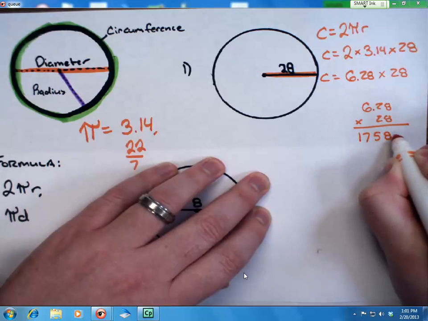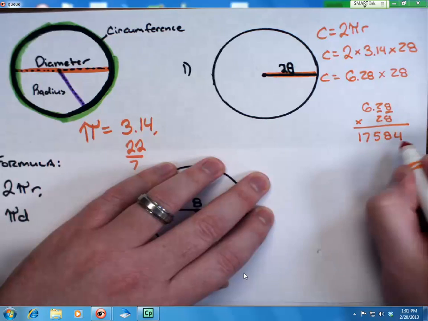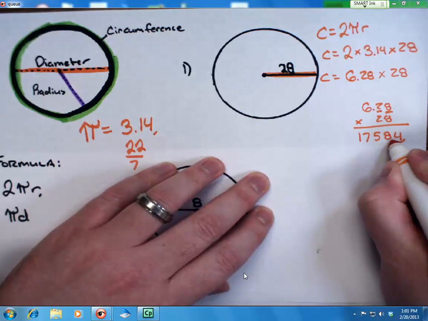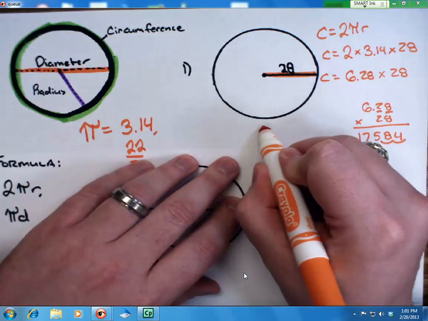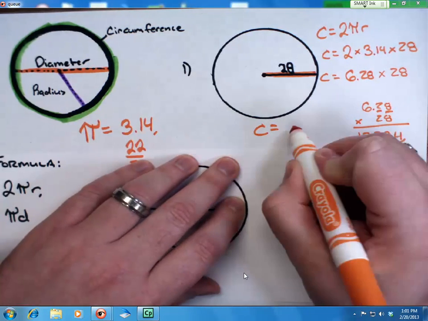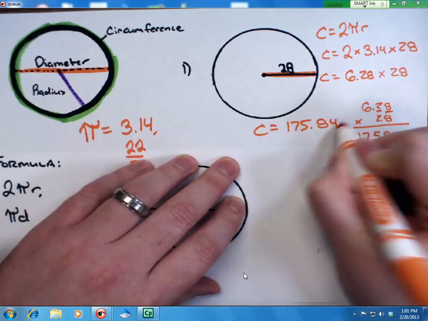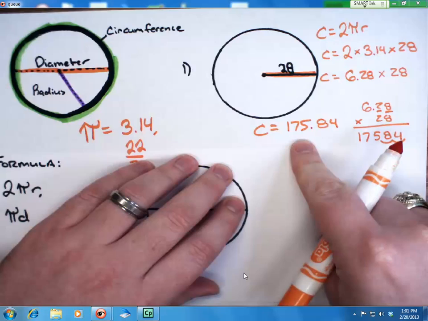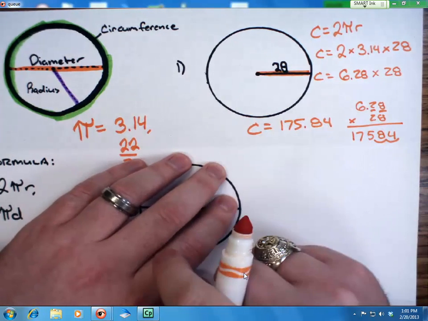Now, I'm not done yet because I have two numbers behind that decimal, so I have to move my decimal over 2 places. 1, 2. So my circumference for this one is going to be 175.84. Okay, that's my circumference for that circle right here on number 1.